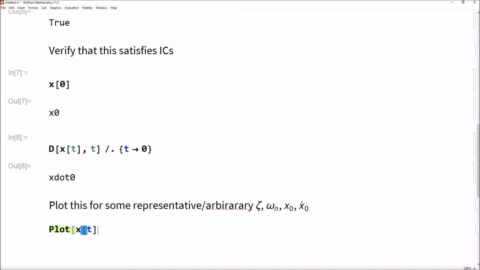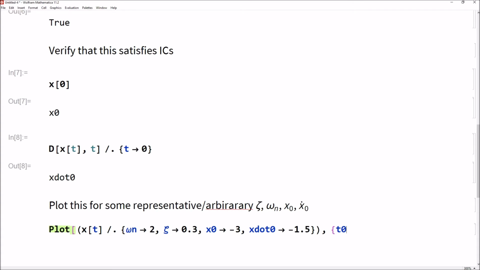Okay, plot x of t, let's make up some values. Let's say omega n is 2, and a damping ratio, we have to pick something smaller than 1. How about 0.3? How about the initial condition? Let's make this negative for giggles. How about -3, and then how about x dot 0? Let's make this -1.5. Again, we're just making stuff up. So let me go ahead and put all of this in parentheses. There we go, and that should be a representative function.